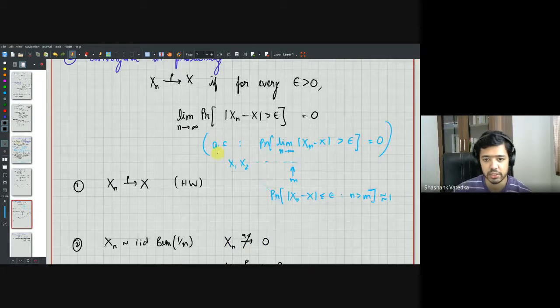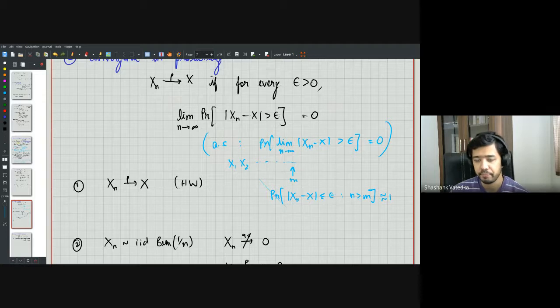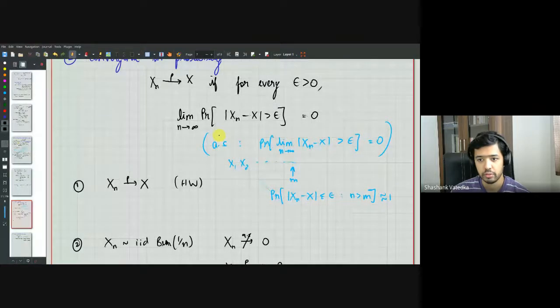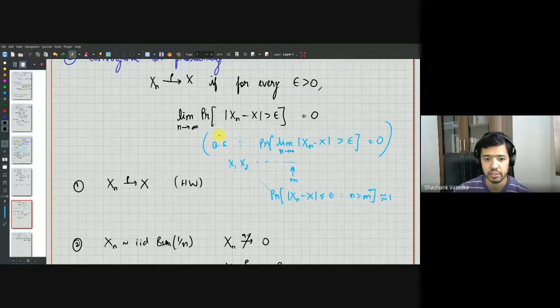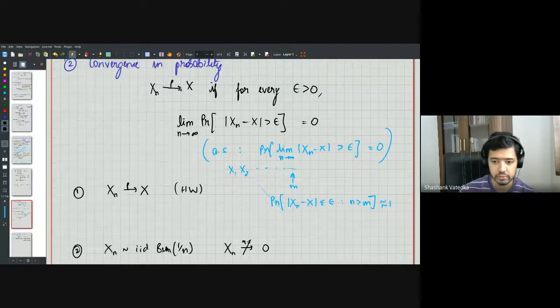Is that much clear? It satisfies this particular definition. Do you agree? Okay, so certainly in this example, where xn is IID Bernoulli 1 over n, this definitely converges in probability. So that is fine.